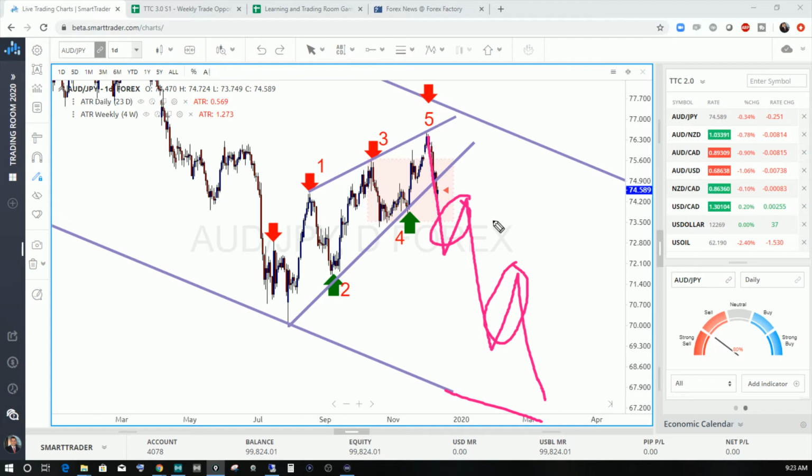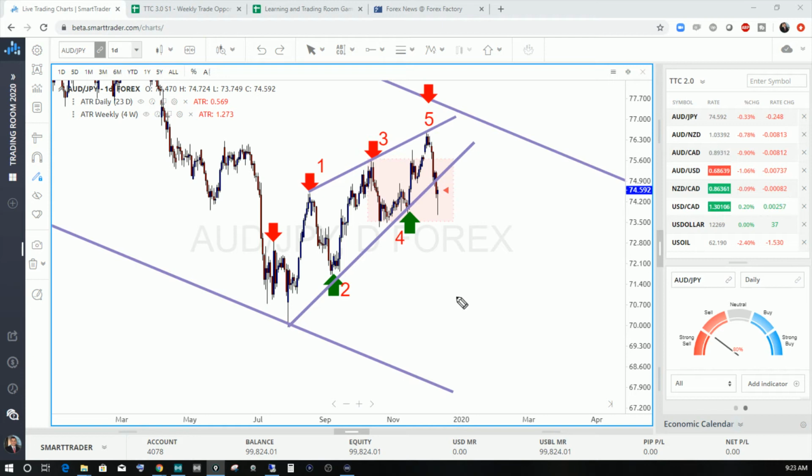Now, one thing we have to point out right here is, remember we spoke about expansion phases, and we spoke about trending phases. Well, if we are going to expect price to move further down south, then this right here would absolutely be our contraction phase, and this we are now in is expansion.